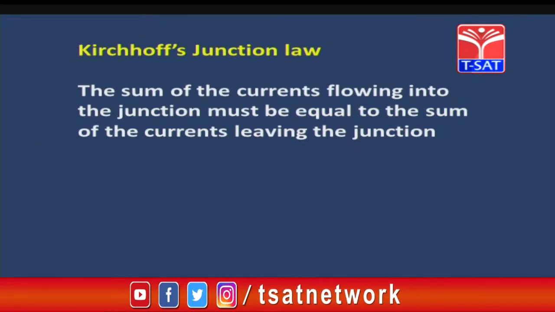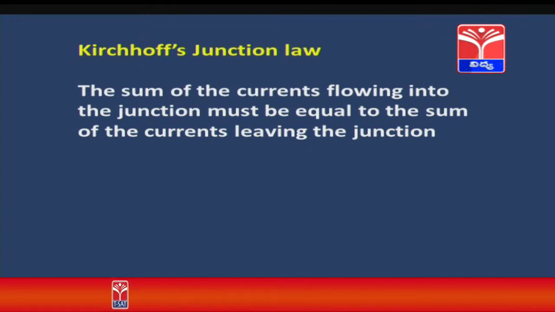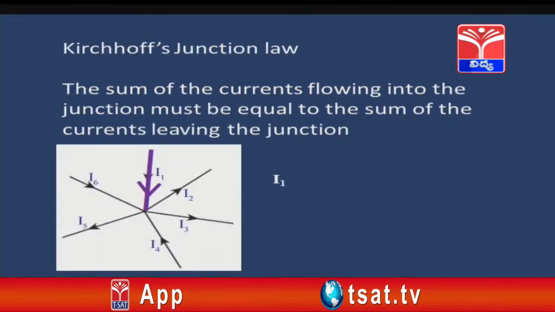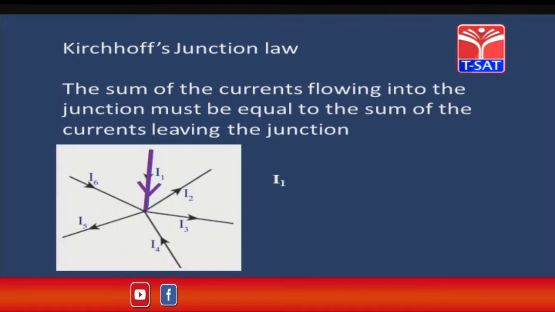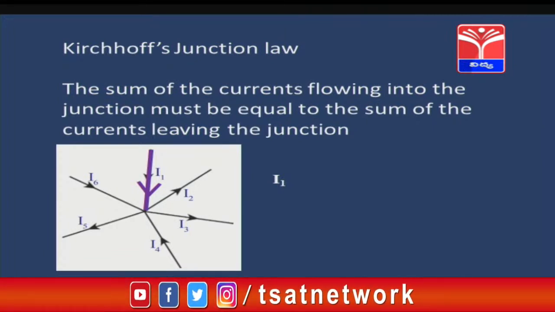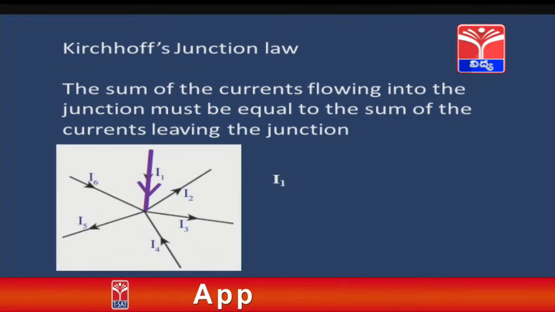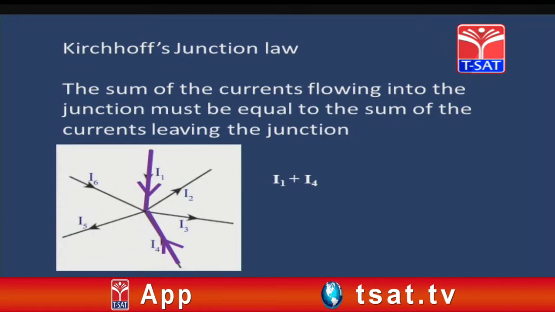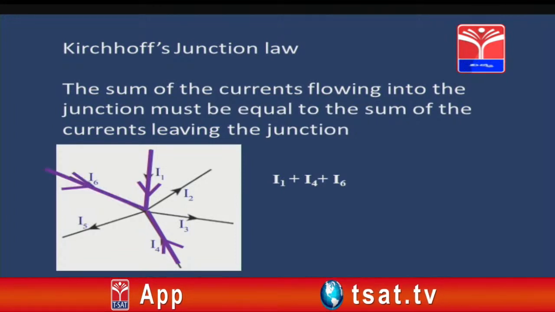This is based on conservation of electric charge. Kirchhoff's junction law: the sum of currents flowing into a junction must be equal to the sum of currents leaving the junction. Consider a junction where there are 6 different wires, in some of which currents are flowing to the junction, and in some wires the currents are flowing away from the junction. Here I1 is flowing towards the junction, I4 is also flowing towards the junction, and I6.